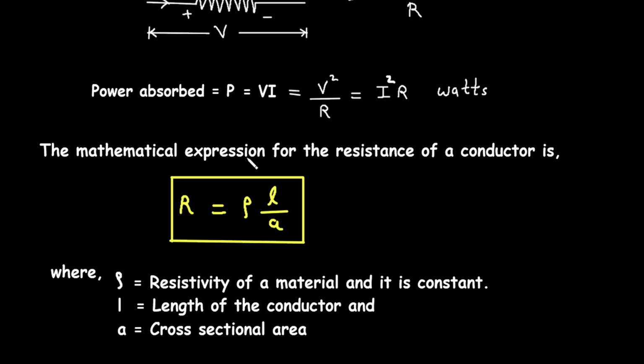The mathematical expression for the resistance of a conductor is R is equal to rho L by A, where this rho is the resistivity of a material and it is constant. This L is the length of the conductor and this A is the cross-sectional area.